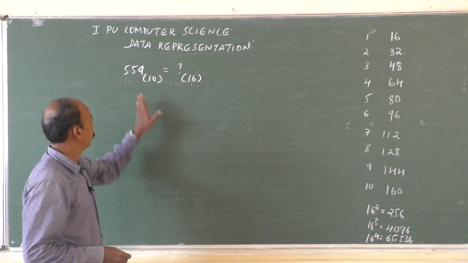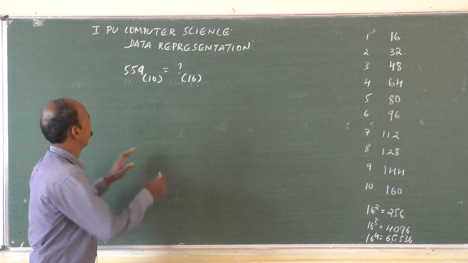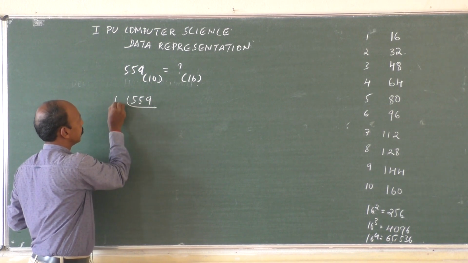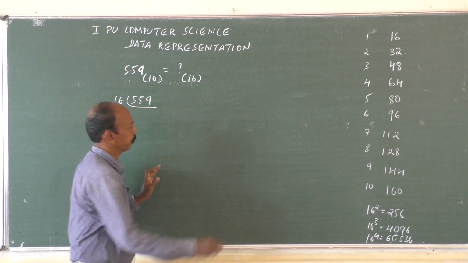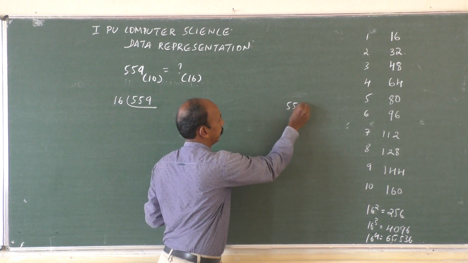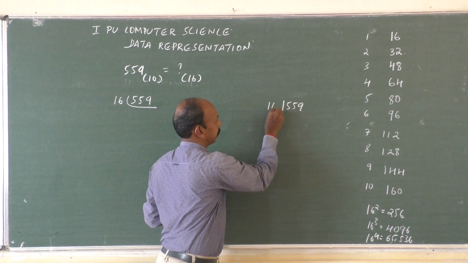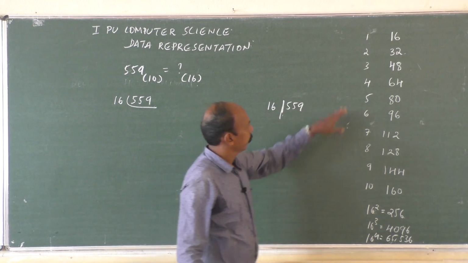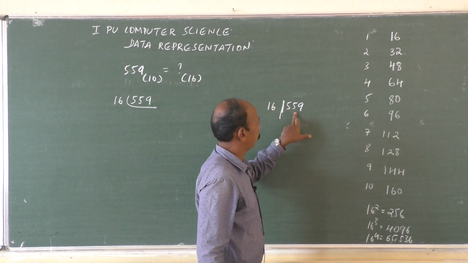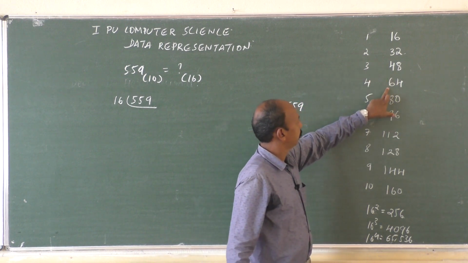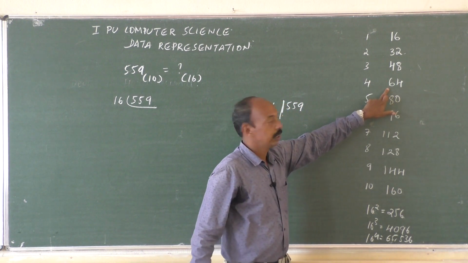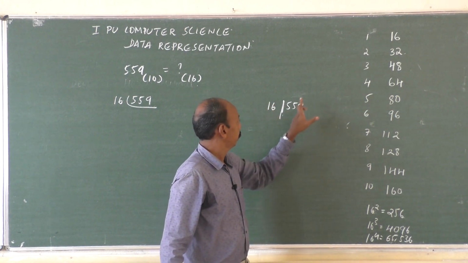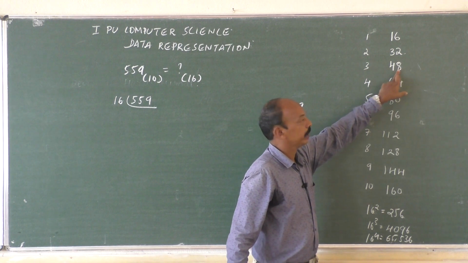What we have to do? Again, it's the same procedure. 559 divided by 16. Look at the table. 55. Where does it come? 64. 16 4s are 64. But what we have is 55. So 16 3s are 48.